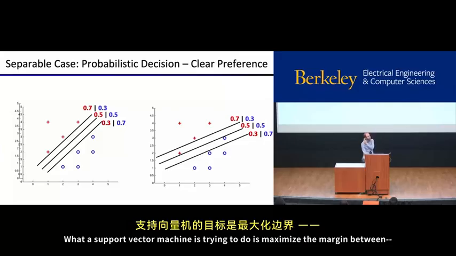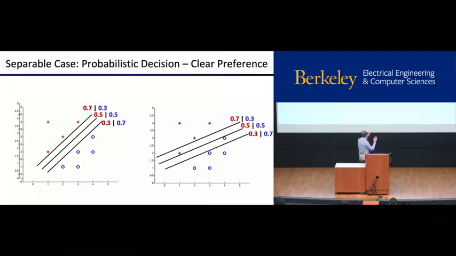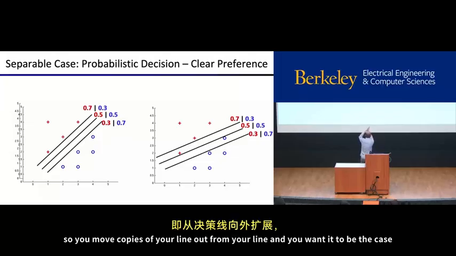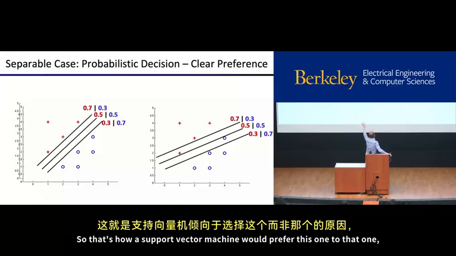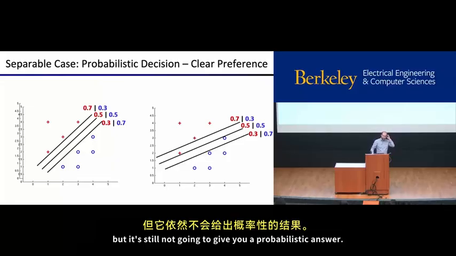What a support vector machine is trying to do is maximize the margin. You move copies of your line out from your line, and you want to go as far as possible without running into your data points. So that's how a support vector machine would prefer this one to that one, but it's still not going to give you a probabilistic answer.